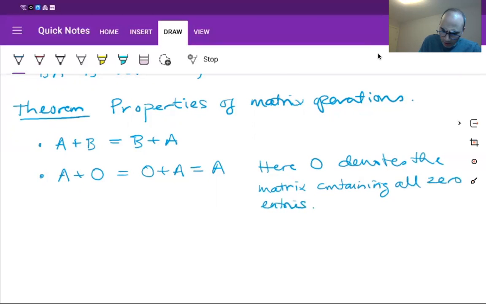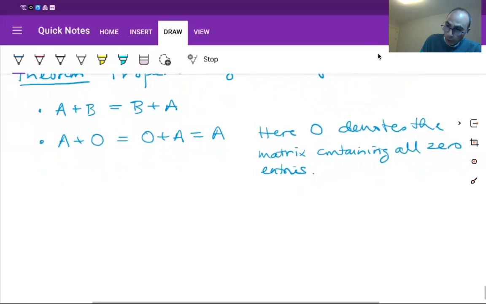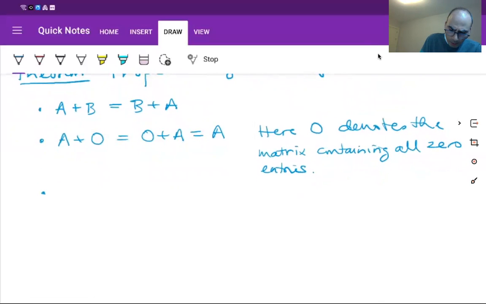Okay, so the size must be appropriate for addition to be defined, of course. We have A plus minus A. So minus A means minus 1 times A, of course. So this is equal to the 0 matrix. We have associativity of addition.